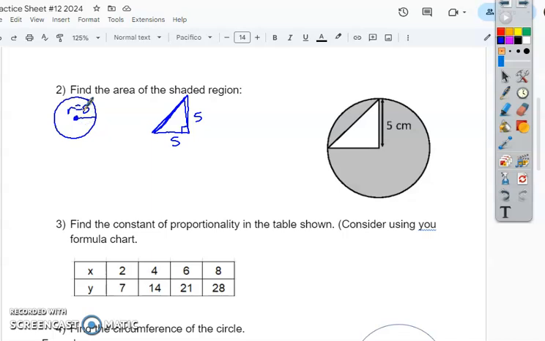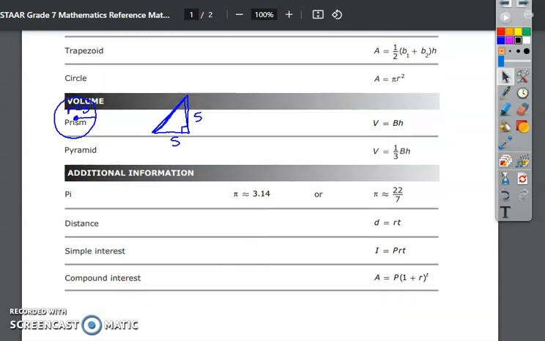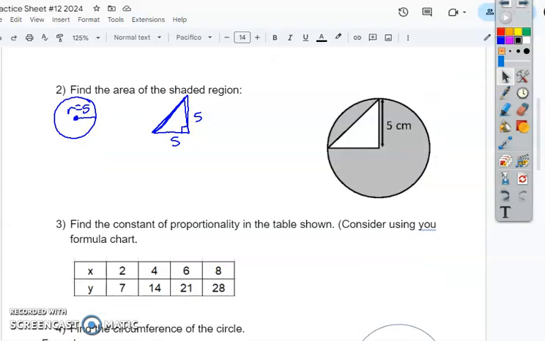So that means you need to write your formulas. Area of a circle. Kind of. So there's the word area right here. Circle, A equals pi r squared. You're going to do that.